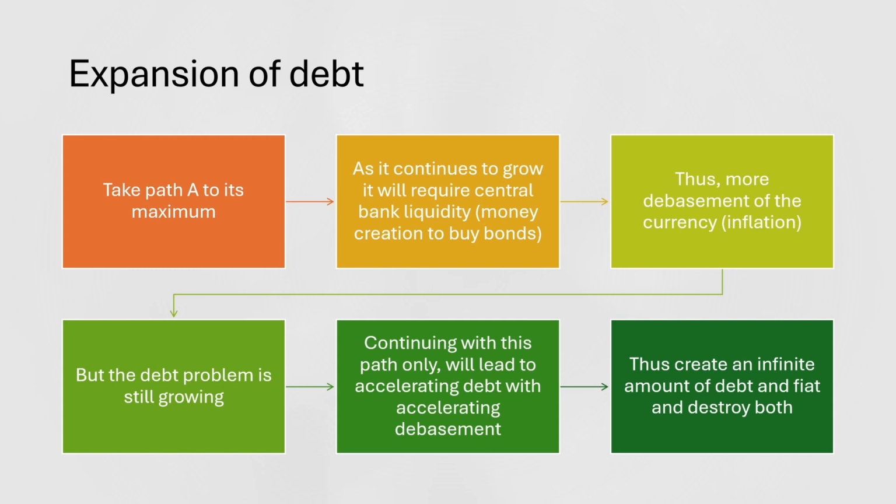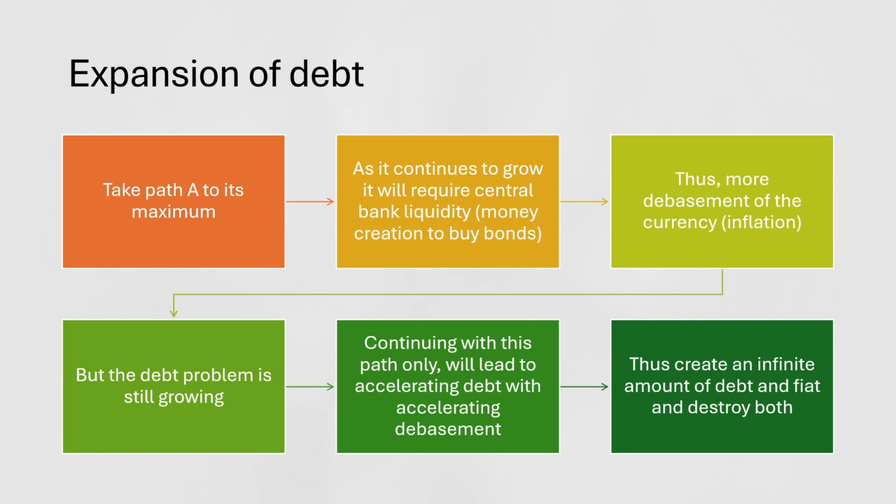So if we establish that path A is where we're going tomorrow and next year and the year after, 5 years, 10 years, so what does this look like? We expand the debt, we grow the debt. Eventually you're going to need the central bank to fuel that, more debasement of the currency, but that doesn't pay off the debt, so the debt still grows with interest.